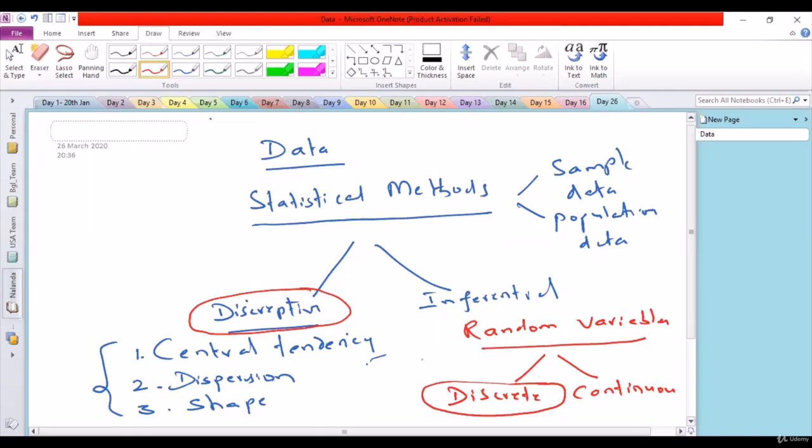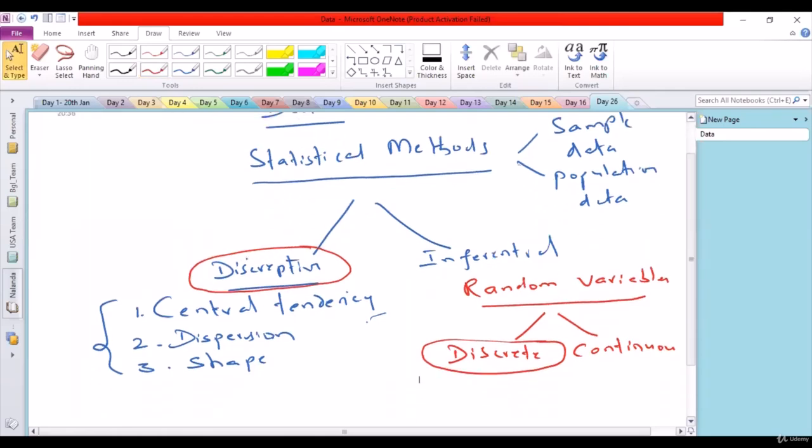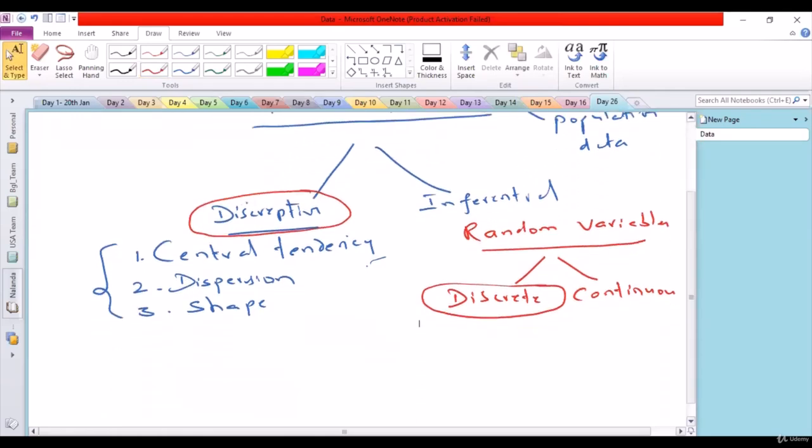Okay, and when we talk about inferential statistics, we will be talking about random variables. Within the random variables, we will be talking about discrete and continuous. What is this random variable? That means my data contains a lot of random variables, and we are segregating these random variables into two, discrete and continuous.